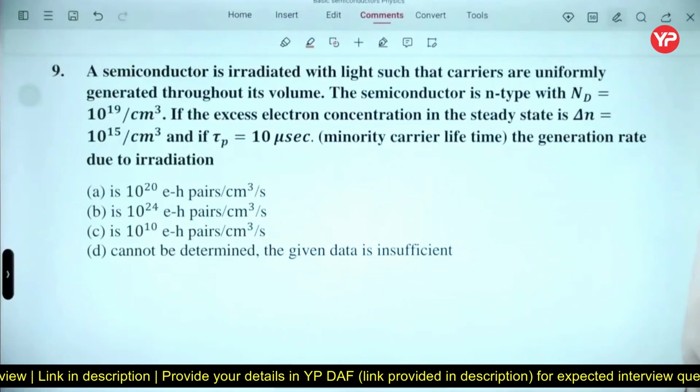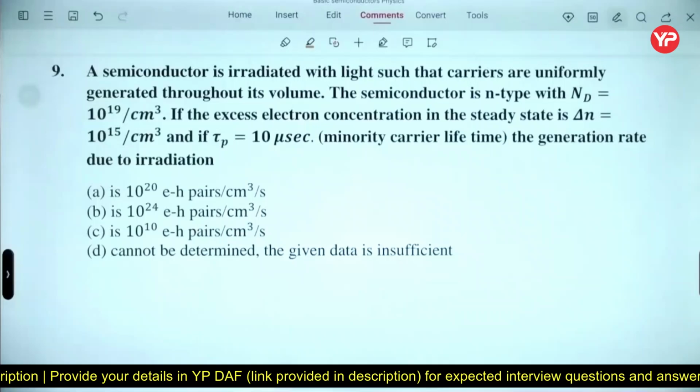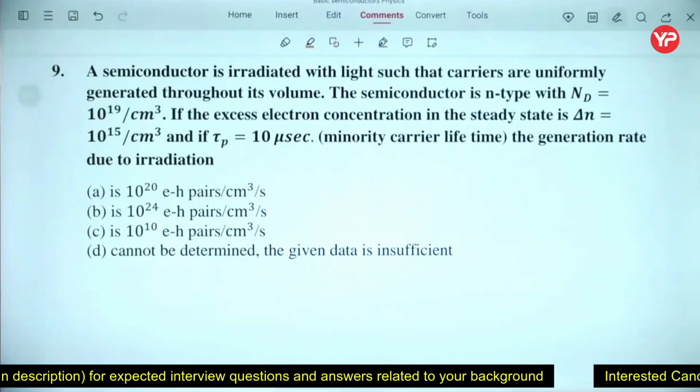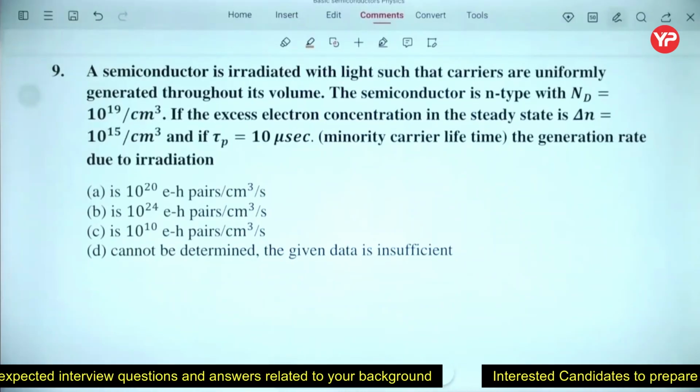He says a semiconductor is irradiated with light such that the carriers are uniformly generated throughout the volume.